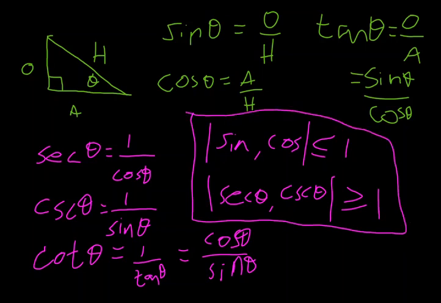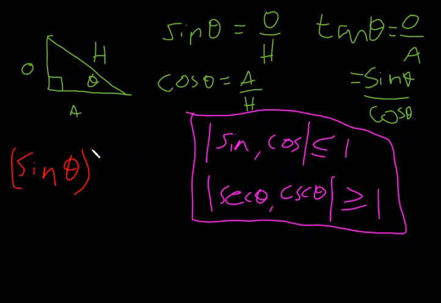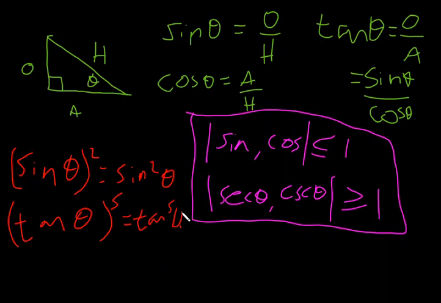There's also one other convention that you should know before I get into the unit circle. I'm going to erase this. I'll put this in red. So, for example, sine of theta squared is equal to sine squared of theta. Similarly, tangent of theta to the 5th power is tangent to the 5th theta. This works for any trig function; there's a convention that you can put the power between the function and the angle.